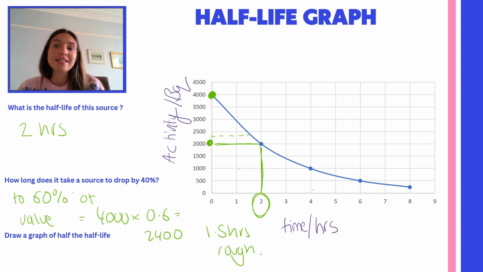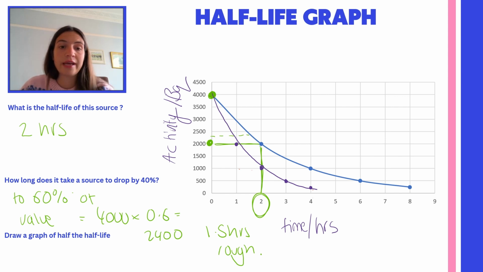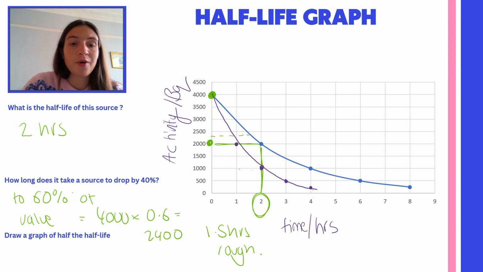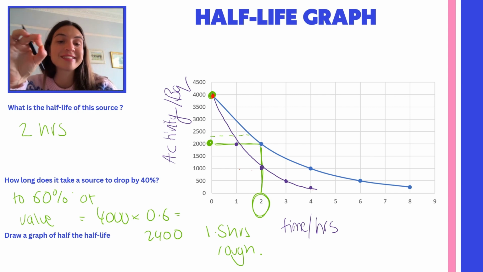So what that's asking me to do is to draw the graph of a substance that, instead of having a half-life of 2 hours, actually has a half-life of 1 hour. So let me show you what that graph looks like now. It should look something like this, and I've calculated that doing the following. So the first point that I've plotted is there, where my initial activity is the same.